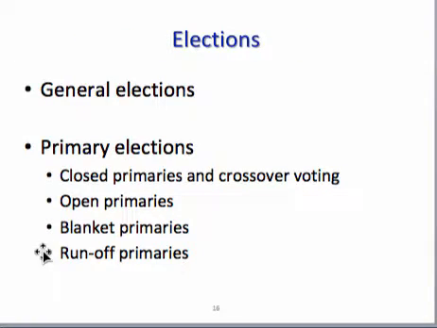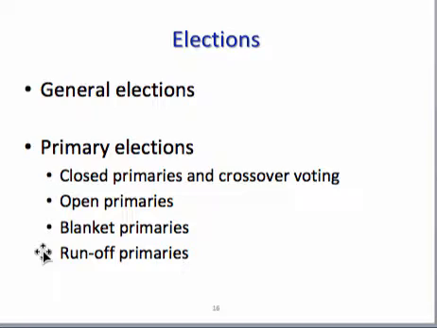In general, when we talk about elections, there's obviously the general election and the primary election. Primary elections are closed or open. If they're closed, it means that if you are a Democrat, then you can vote in the Democratic election, but you can't vote in the Republican election. Open primaries are different.